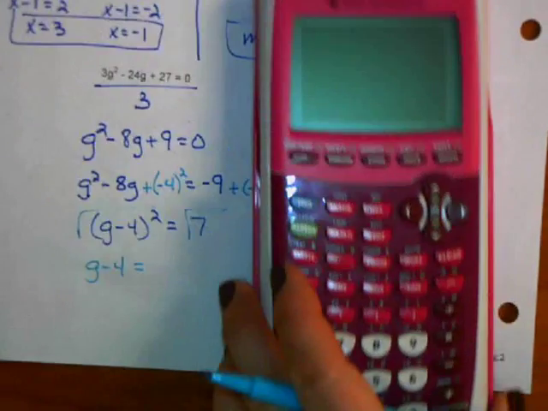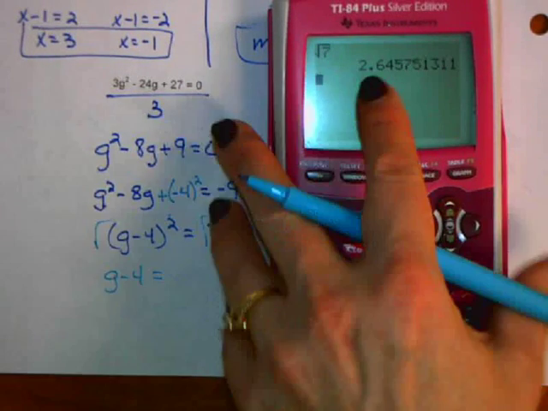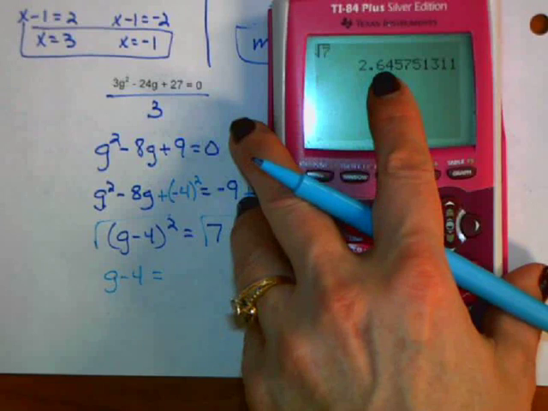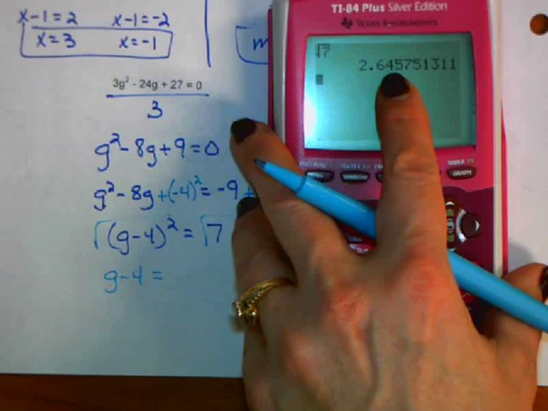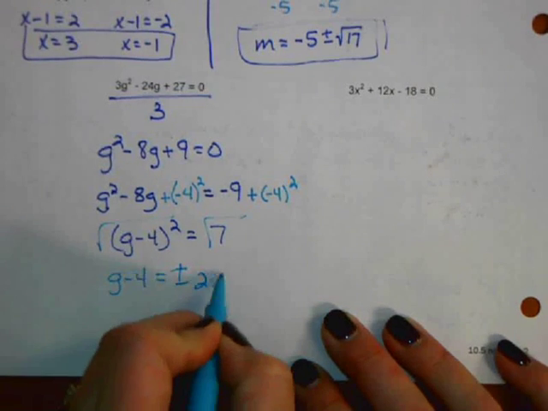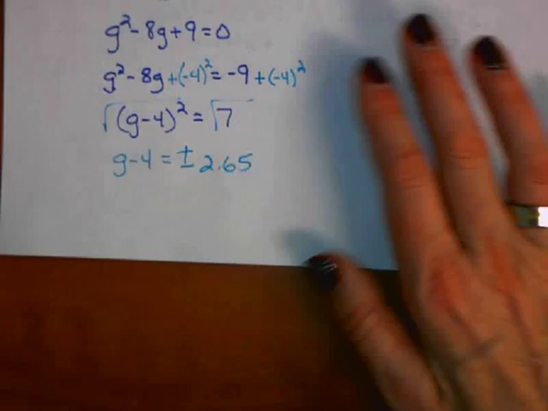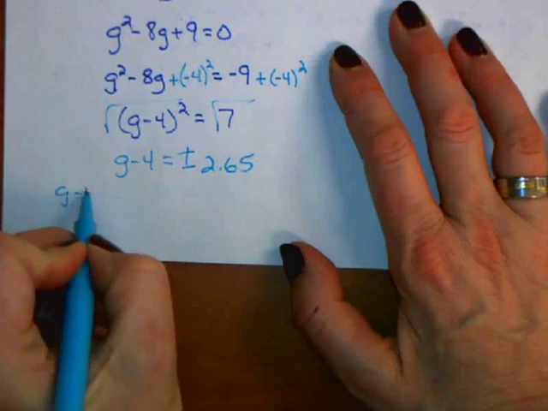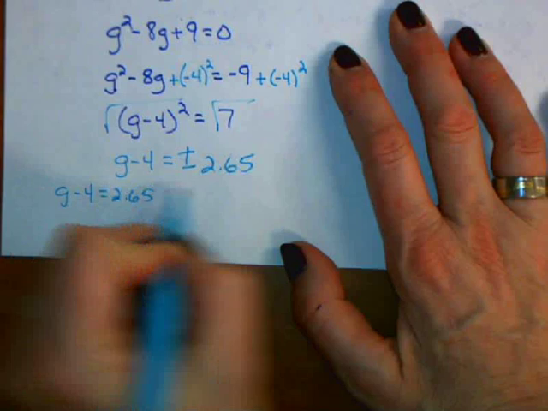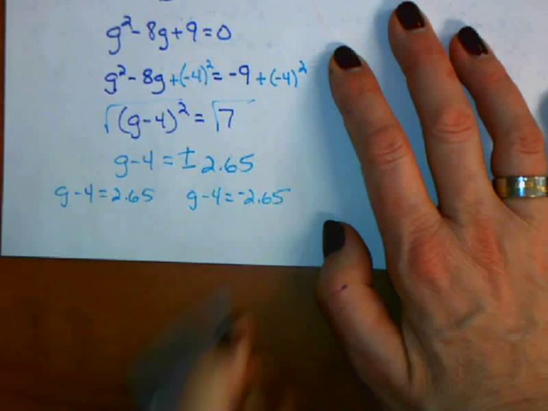I haven't done it yet, so. It would be 2.6457, right? 2.65 to the hundredths. Plus or minus 2.65. So I have g minus 4 equals positive 2.65 and g minus 4 equals negative 2.65.